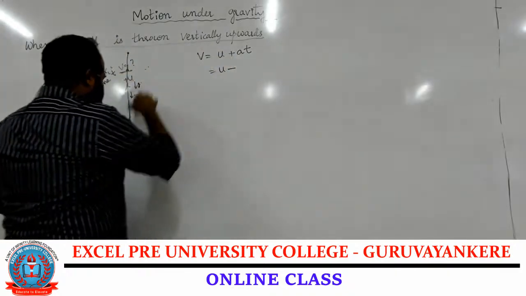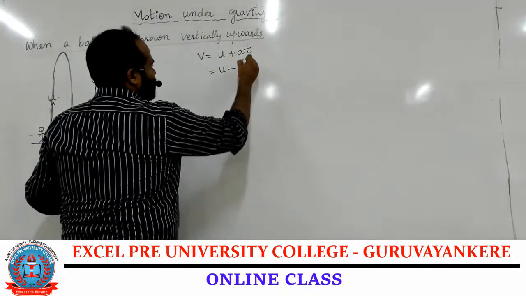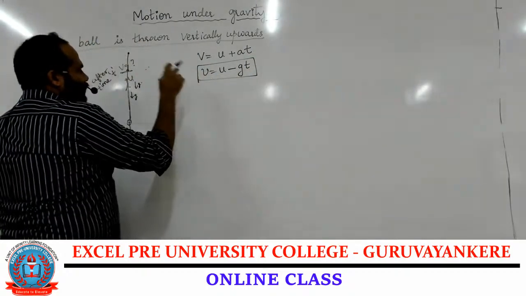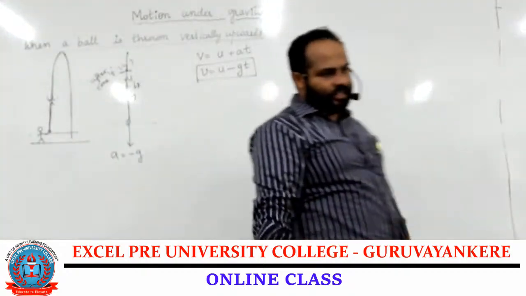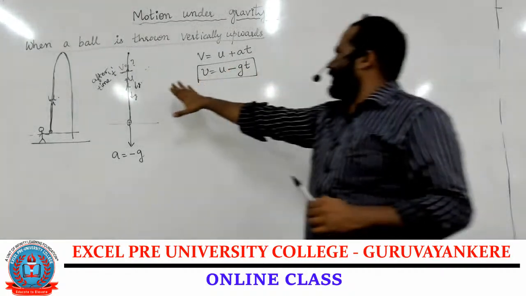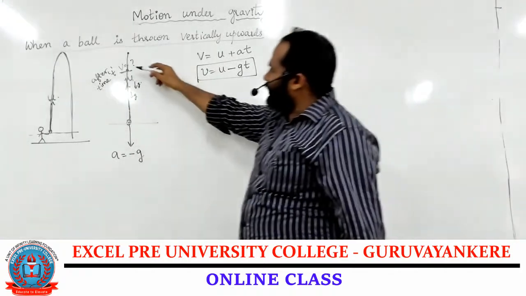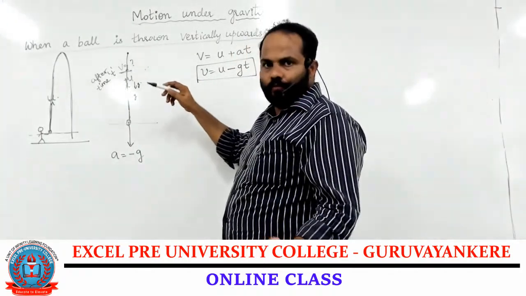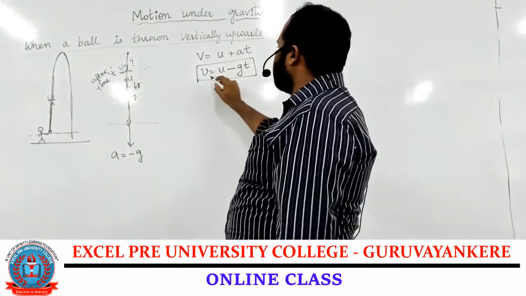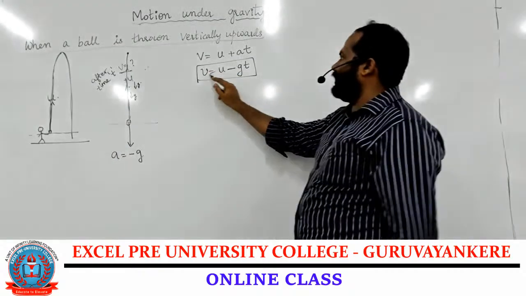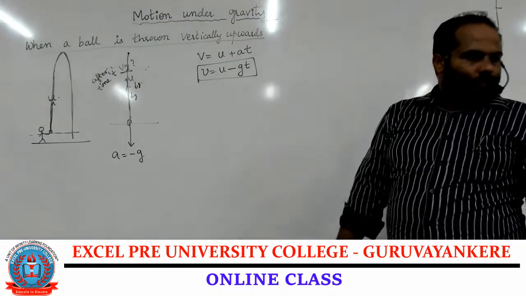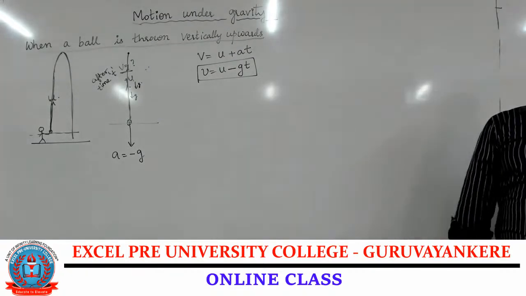But acceleration is downwards, so minus g t. This is the formula for velocity at a given instant when the ball is thrown upwards against gravity. So after time t, v is equal to u minus gt.